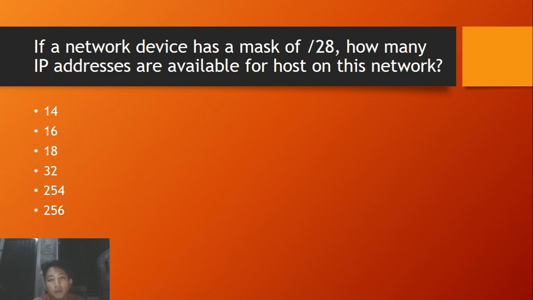A prefix 28 mask is the same as the subnet mask 255.255.255.240. This leaves 4 host bits. With 4 host bits, 16 IP addresses are possible, but one address represents the subnet number and one address represents the broadcast address. So 14 addresses can then be used to assign to network devices.